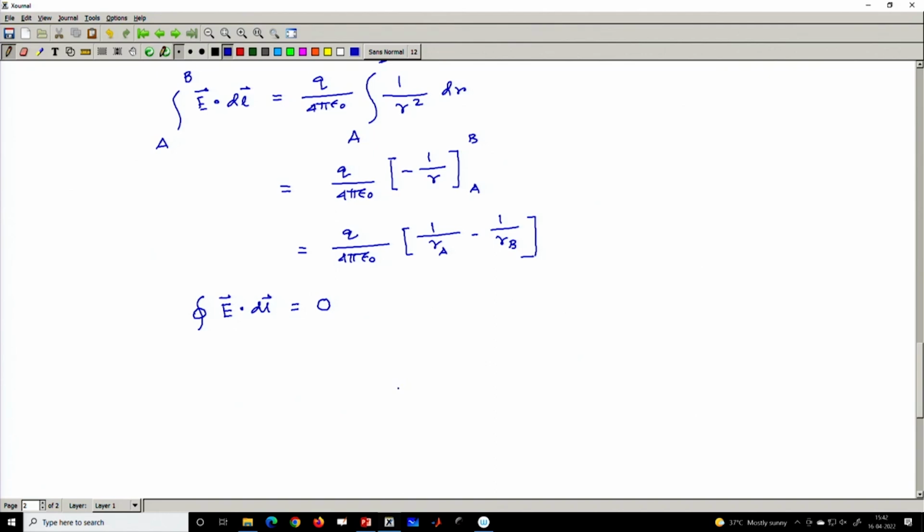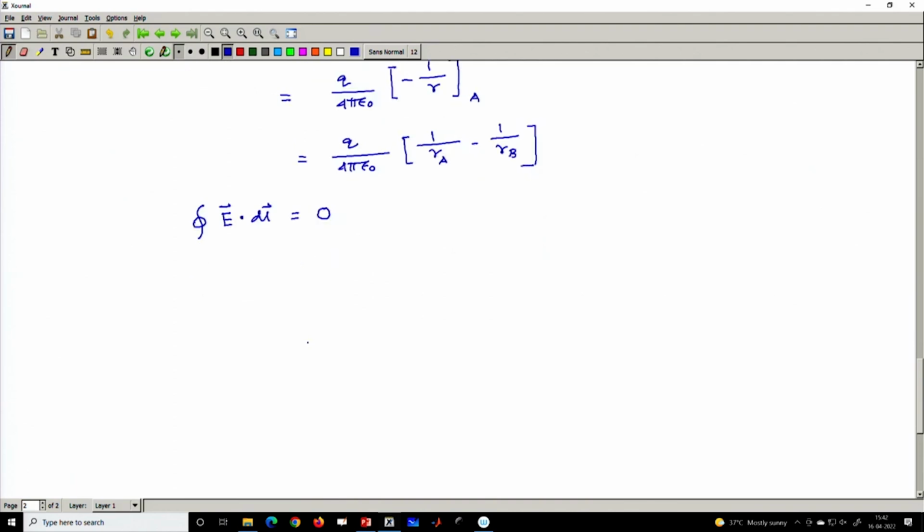So, considering this, if the integral is 0, then using Stokes law I can have another important piece of information, and that is this quantity is nothing but curl of E. Mind it, from the very beginning I wanted to calculate the curl of E, and over this surface integral this has to be 0.